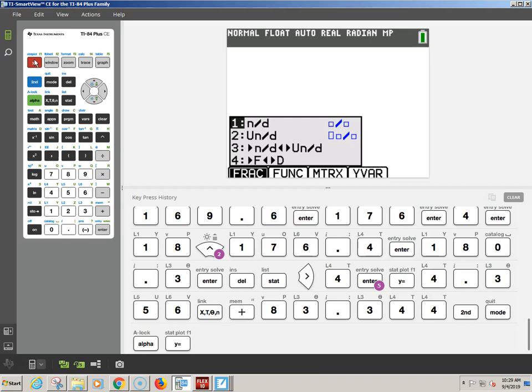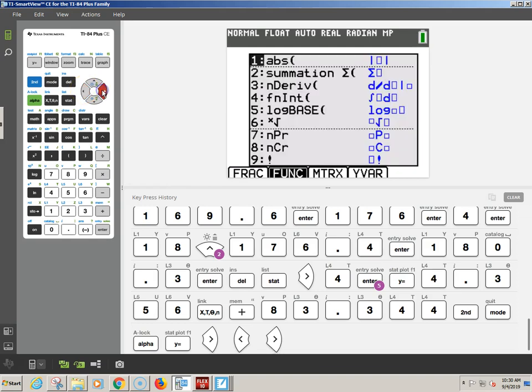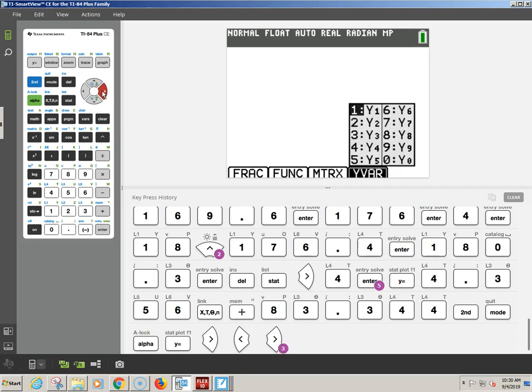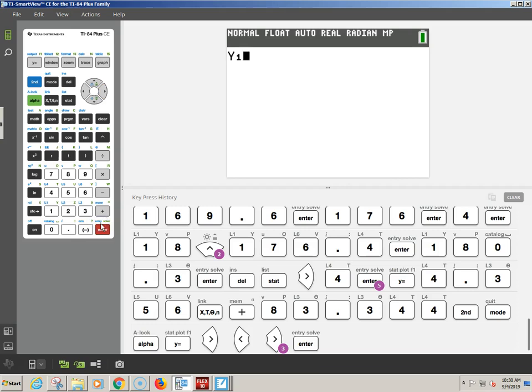There is a really cool hidden function, and it has a lot of options, like how to write fractions in really spiffy ways, absolute value in a really fast way. But also down here, there's y bars. We threw this equation into y1, right? I threw it into y1 up here. You know that your calculator knows function notation.